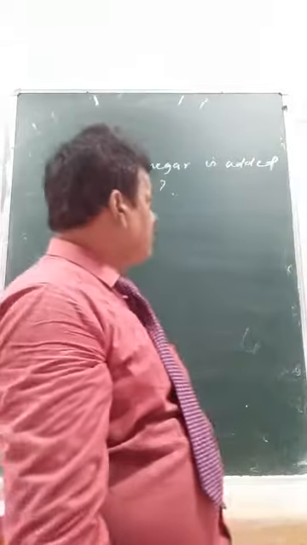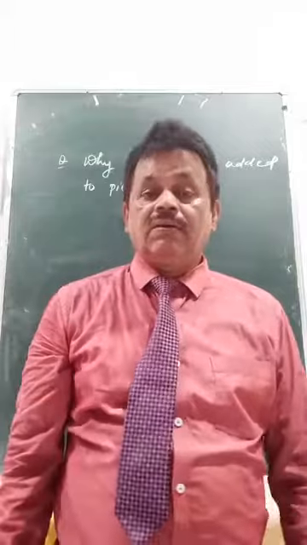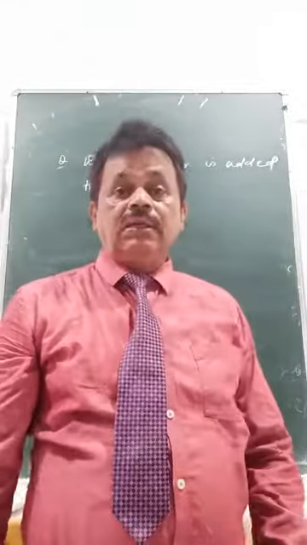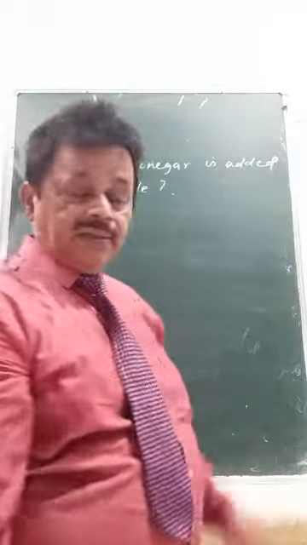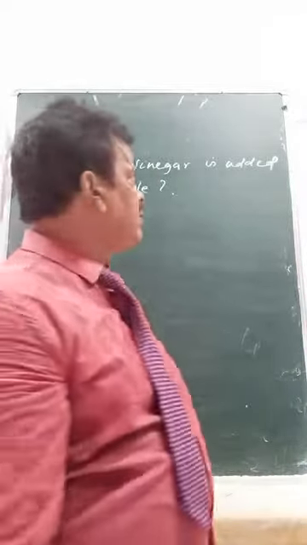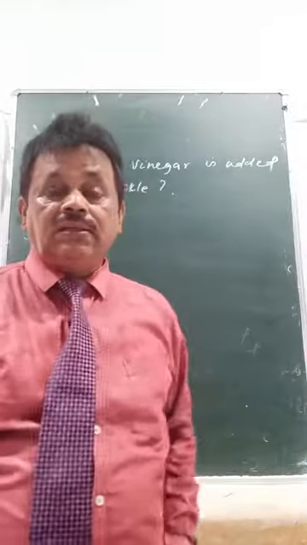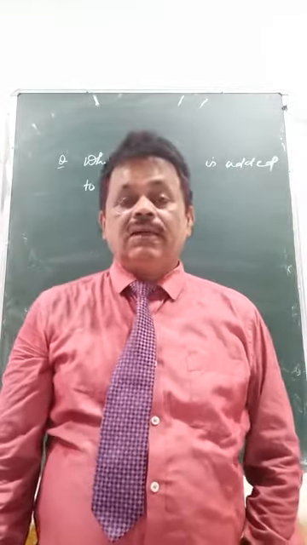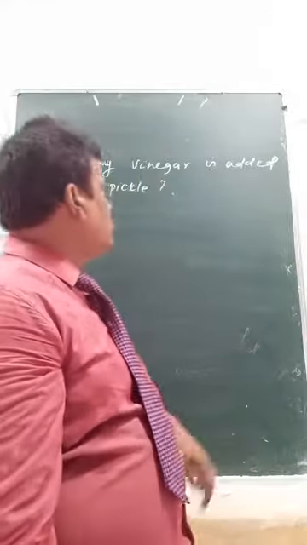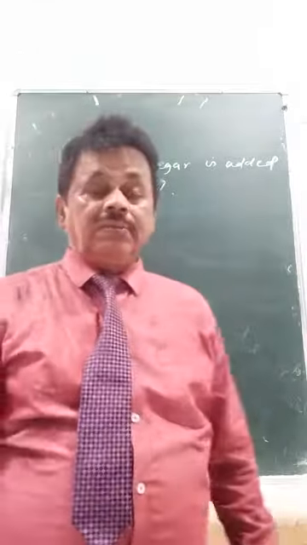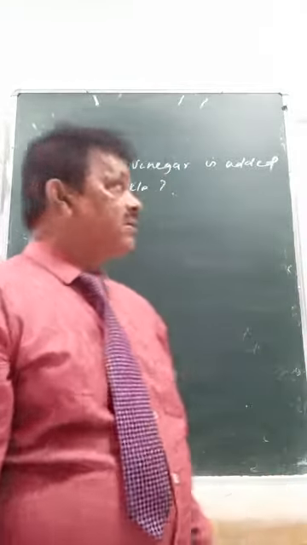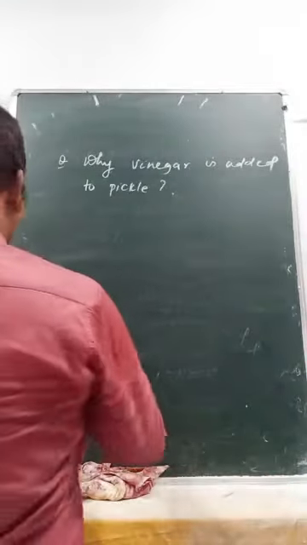Mango pickle you find, lemon pickle you find that vinegar is always added there. What is vinegar? It is acid. Example of acid I have told you that it is also acid. So what is the function of that? What acid does? It kills the microorganisms, bacteria or any other thing. So when vinegar is added to the pickle, it kills the germs and keeps the food tasty. So you can write those 2 points.